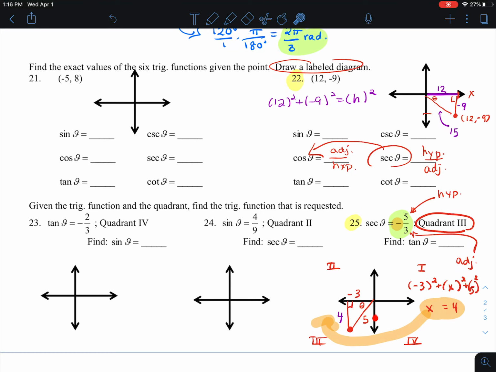See how the vertical leg is on the bottom half of the y-axis? That is a reason that I need to make that vertical leg -4, so that when I set up my fraction for tangent, I'm doing opposite over adjacent, -4 over -3. So I'm technically just going to say that tangent is +4/3.